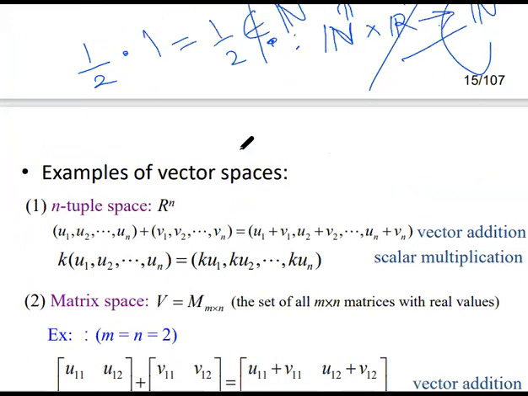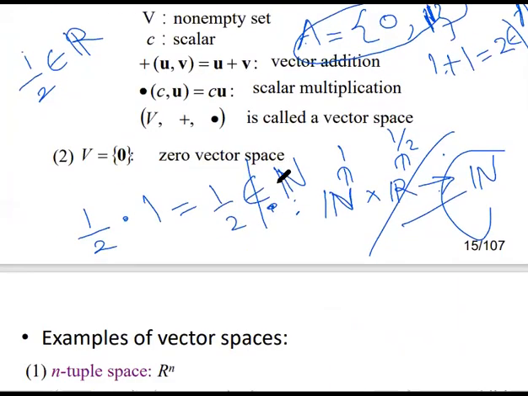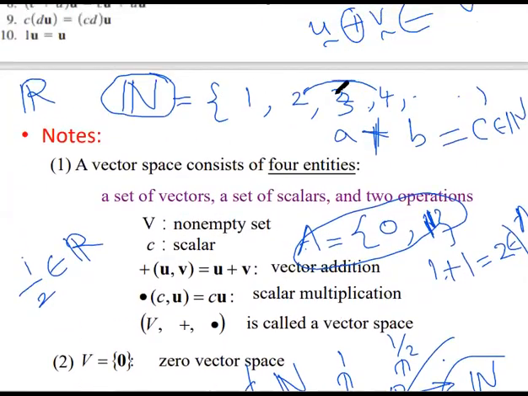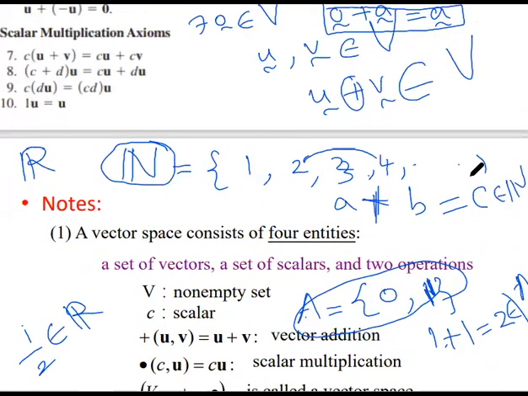And let's consider this set here, 1, 2, 3, 4, 5, 6, 7, the natural numbers.